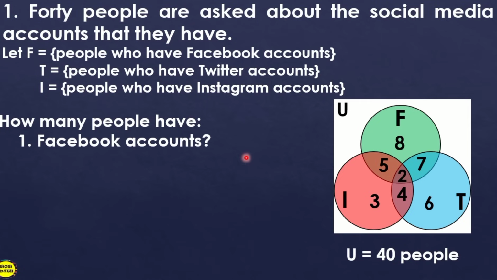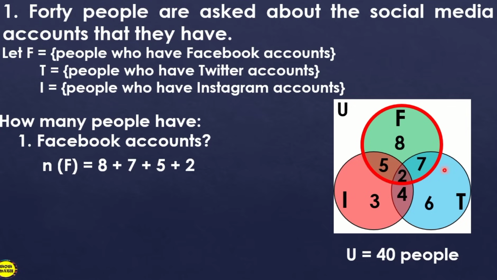How many people have Facebook accounts? Ang bibilangin po natin ay yung nasa event F. The cardinality of event F is equal to lahat ng nasa F, 8 plus 7 plus 5 plus 2, and that is 22.